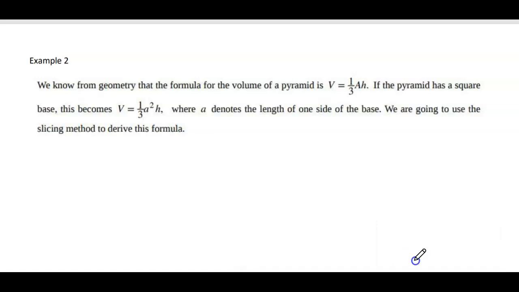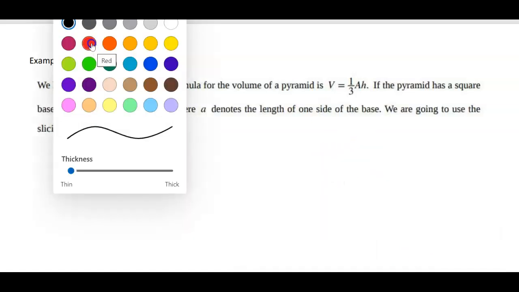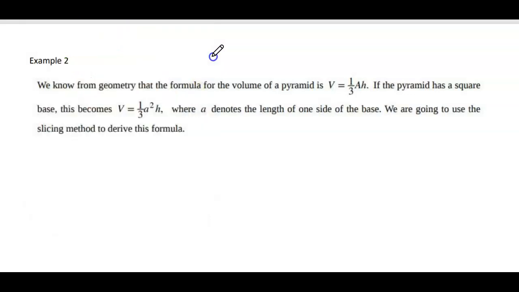All right, let's look at a pyramid. And I want to try to draw this as best as I can. So normally when we find a pyramid, you look at it this way. And so the base of your pyramid would be here.